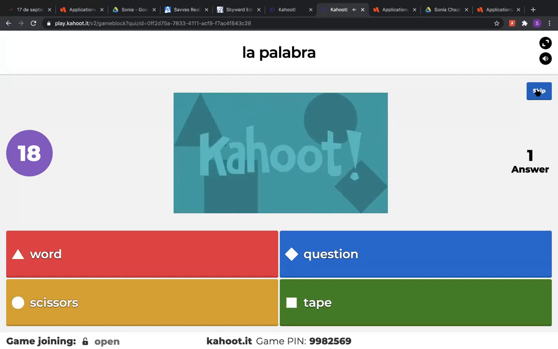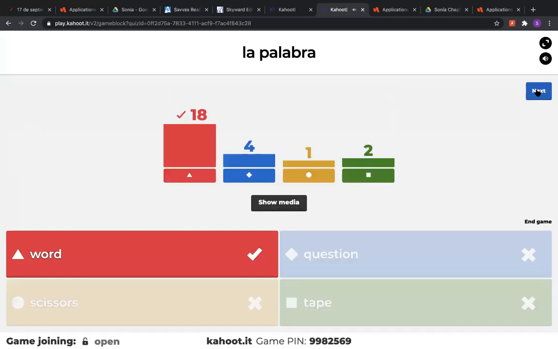La palabra. Good job. It does mean word.